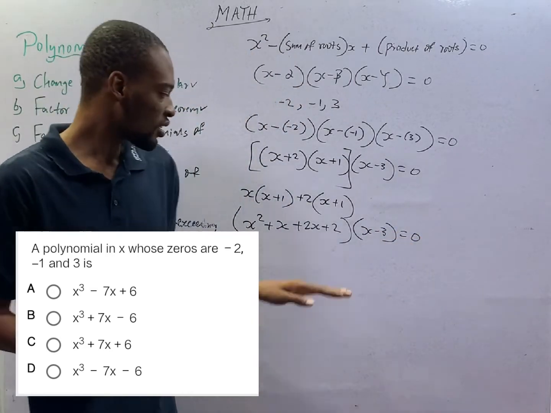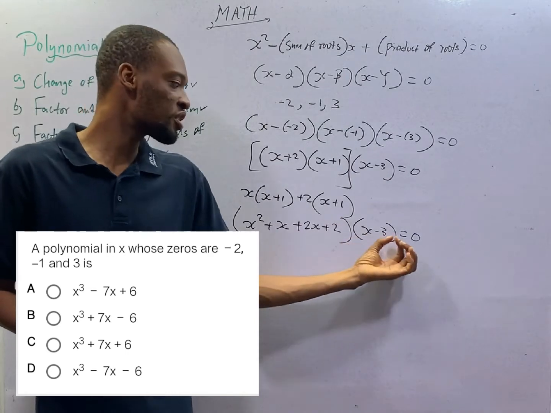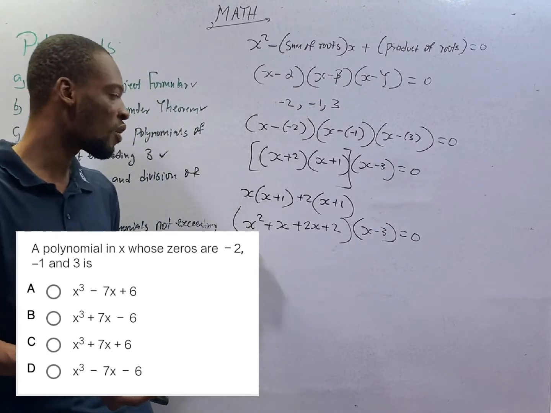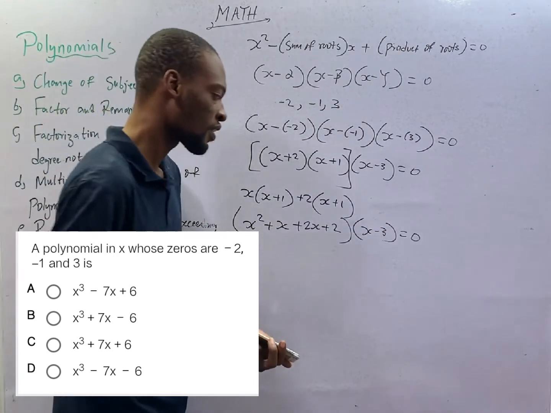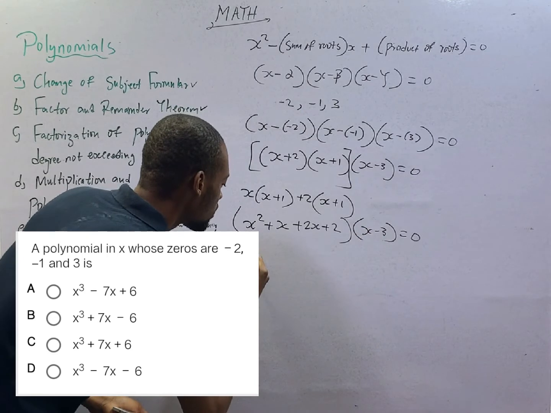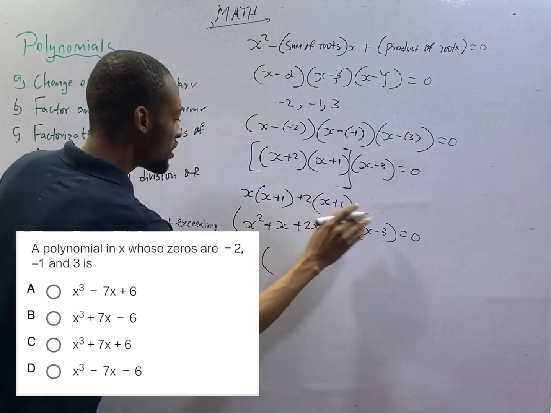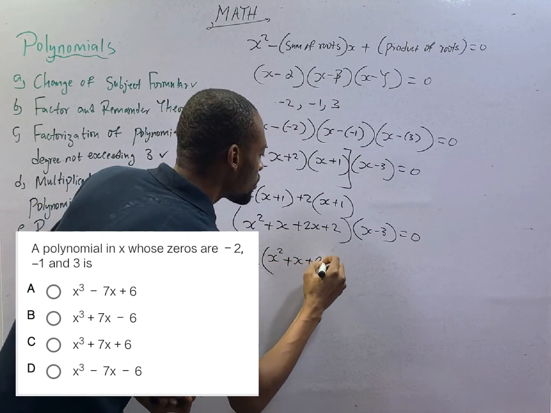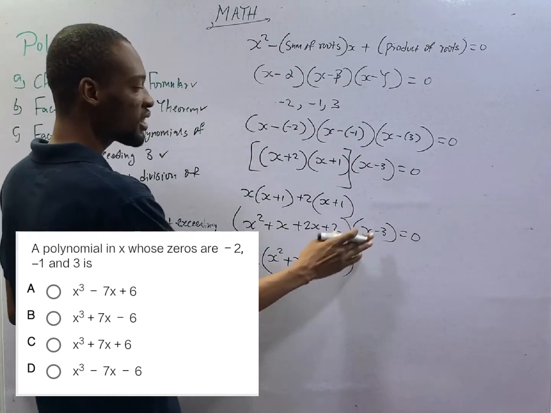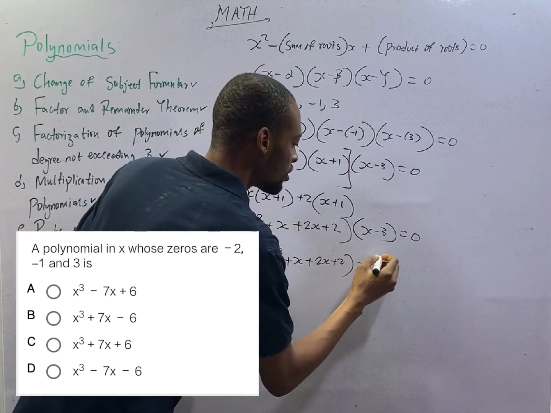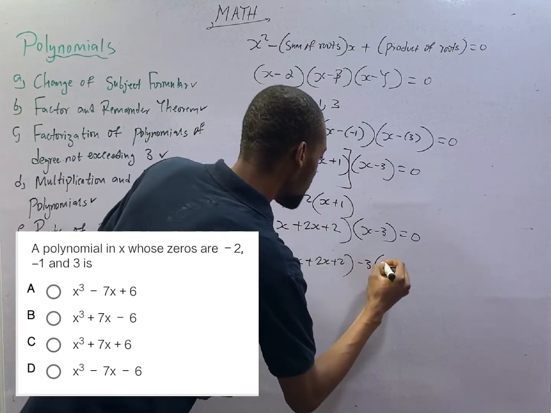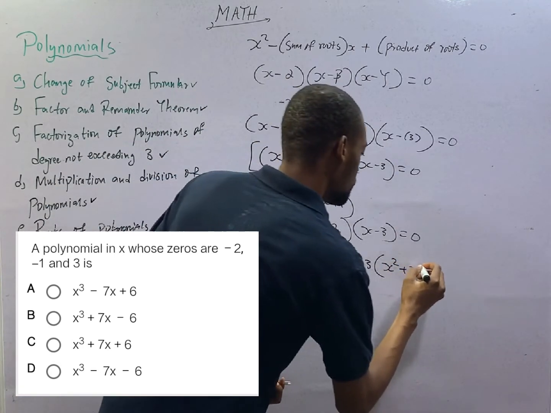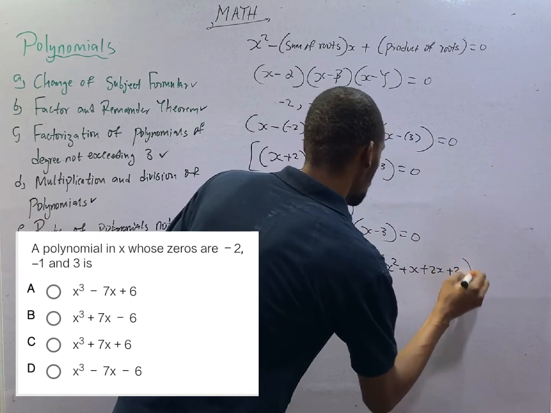From here, to use this to multiply this, use this smaller one to multiply everything here, which is distribute this over all these guys. How do you do that? The first is s, so take s, distribute it over this, s squared plus s plus 2s plus 2. Then you take the minus 3, you distribute it over here, over s squared plus s plus 2s plus 2.